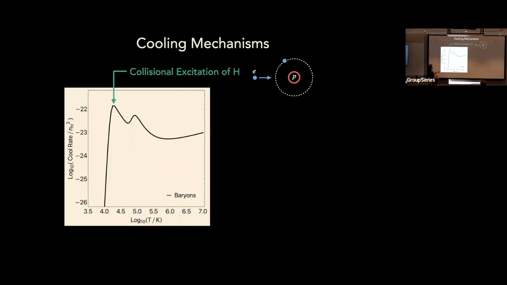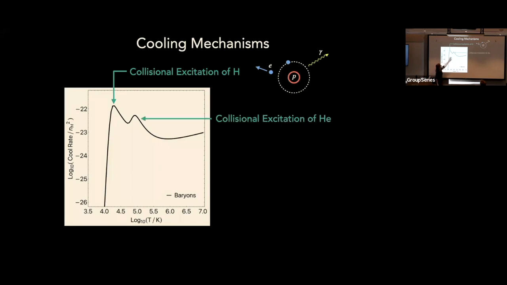To walk you through the highlights, this peak down here comes from collisional excitation of hydrogen. I bump my hydrogen atom with an electron, I excite it, and then the electron de-excites and emits a photon. This second peak here comes from doing the same thing, but with helium. And up here at these very high temperatures, my gas is completely ionized, and so the prominent mechanism for cooling comes from bremsstrahlung, just illustrated there.